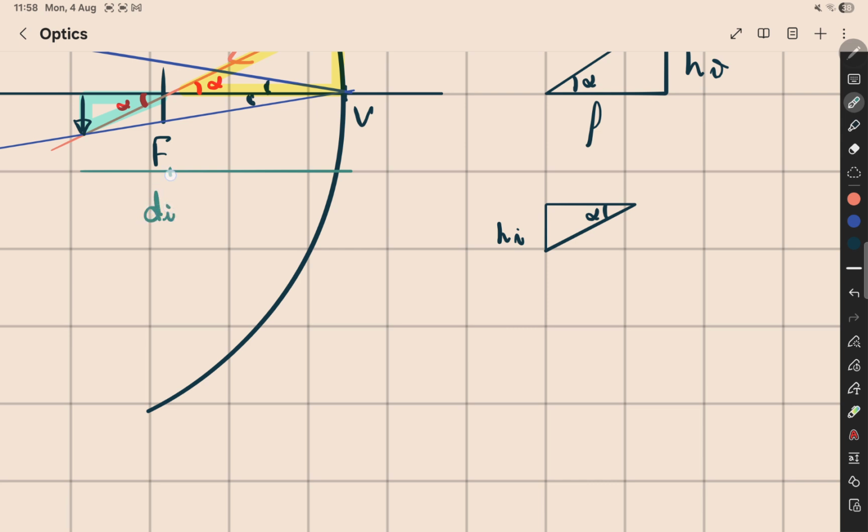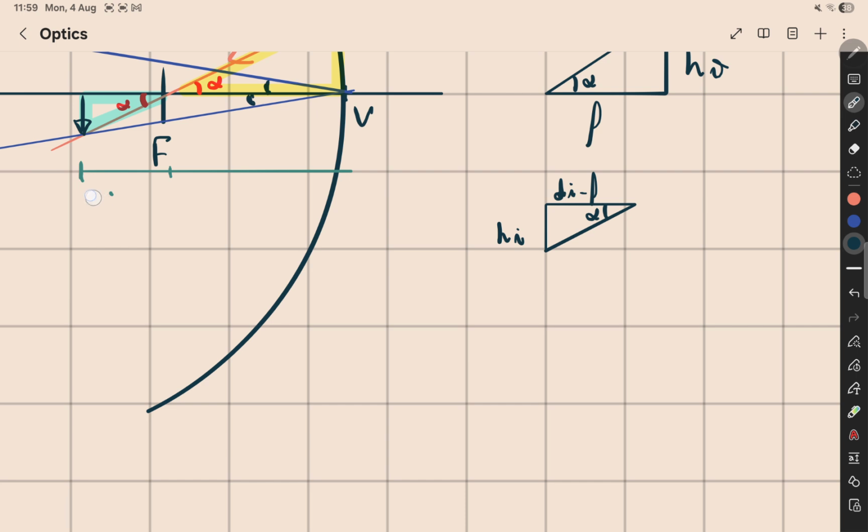But we want just this little piece here. This little piece is the distance of the image, which is the total distance, minus this here. But this here is the focal distance. So this is the distance of the image minus the focal distance.